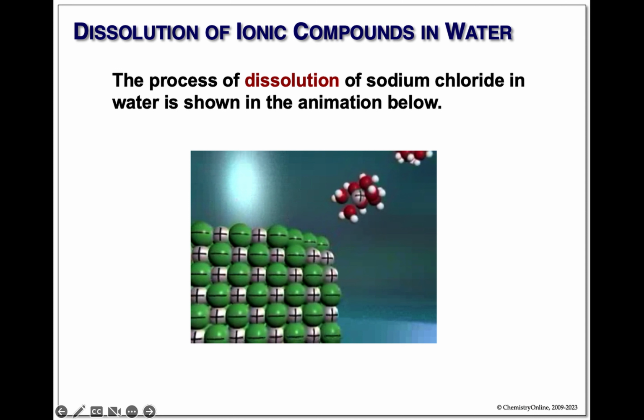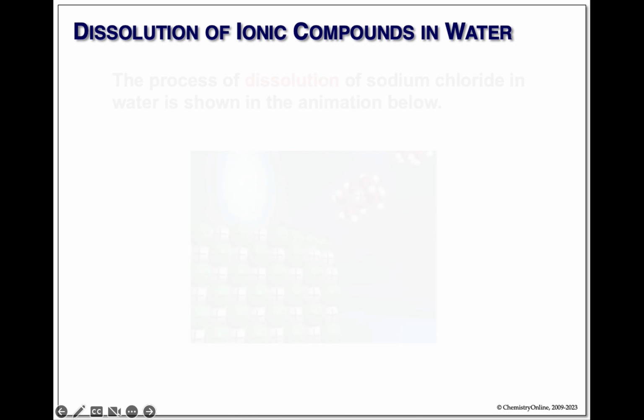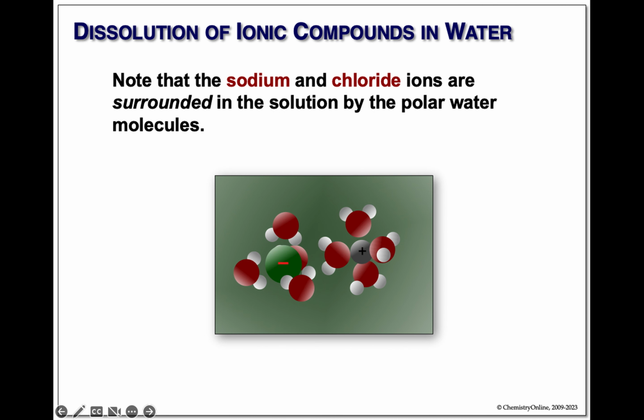But I hope you were paying close attention, because this process is not random. The way that the water interacted with the ions here was very specific. If you were paying attention, you noted that every time we pulled a chloride off, the water was oriented so that the hydrogens were pointing towards the negative charge.